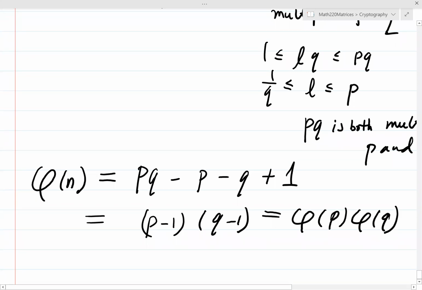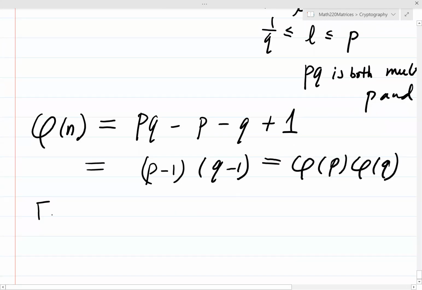Fact: the phi function is multiplicative.